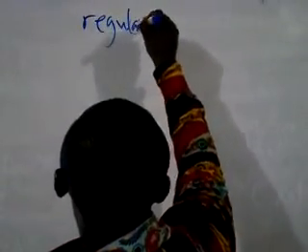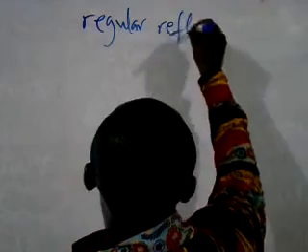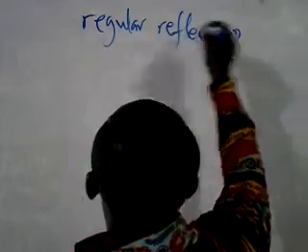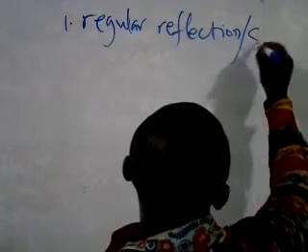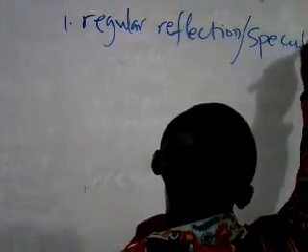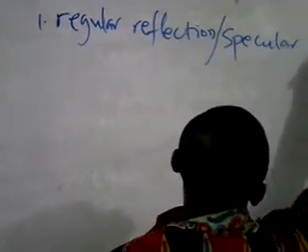The type of reflection that happens on a smooth, shiny surface is known as regular reflection. It's also known as specular reflection.